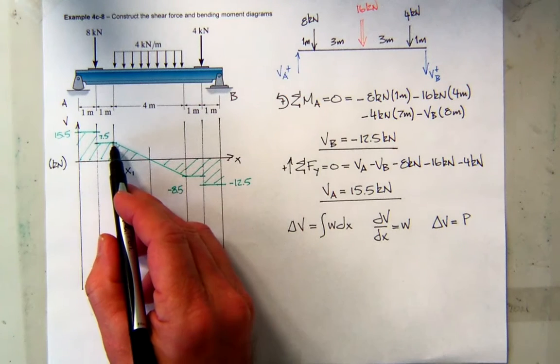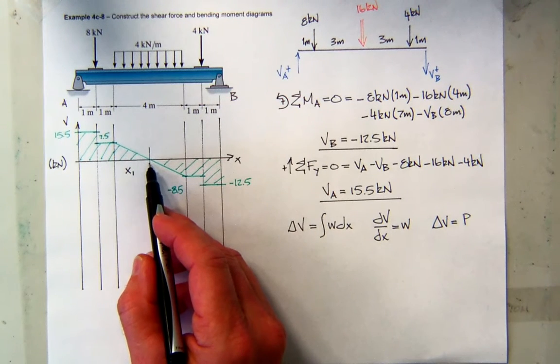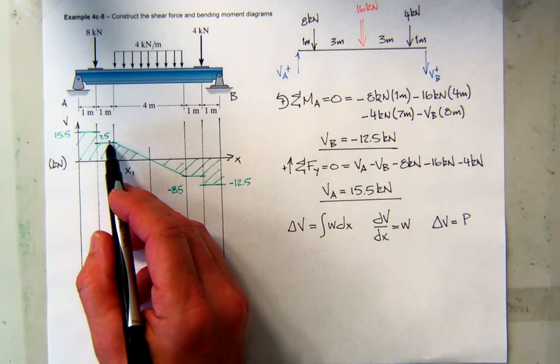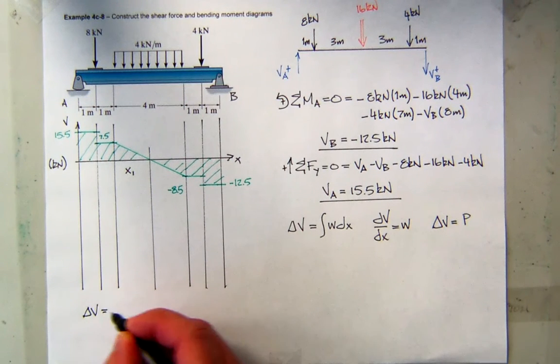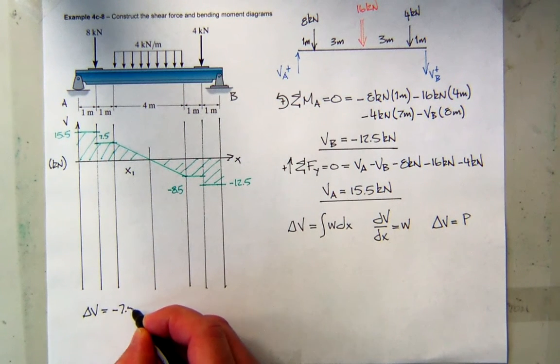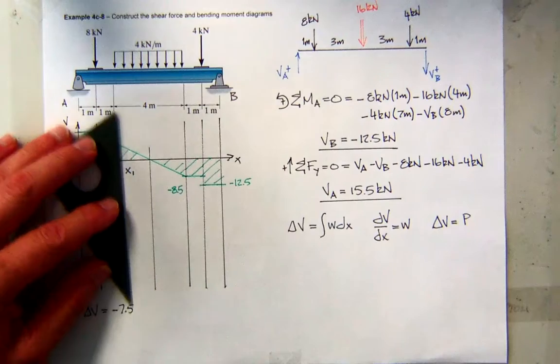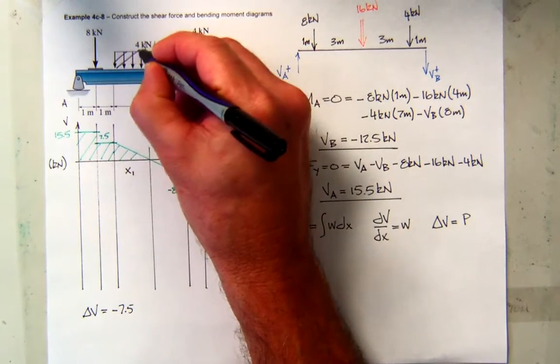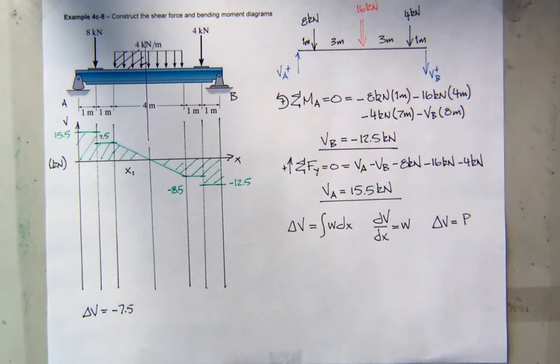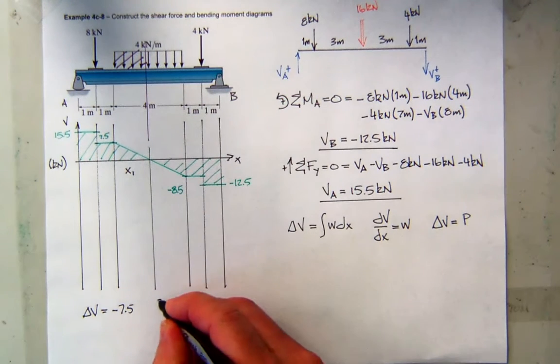What's the change in shear from here to here? It starts at 7.5, ends at 0, so the change in shear is minus 7.5. If you extend this up and look at the area under the load curve, what is the area under the load curve there?